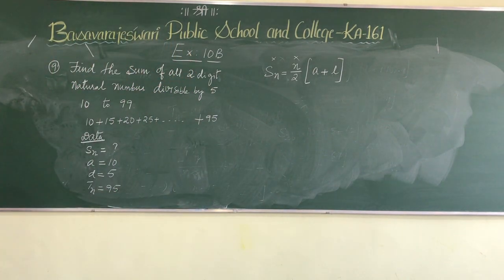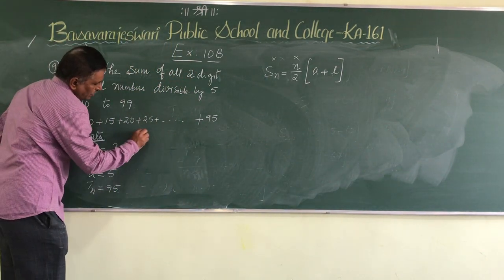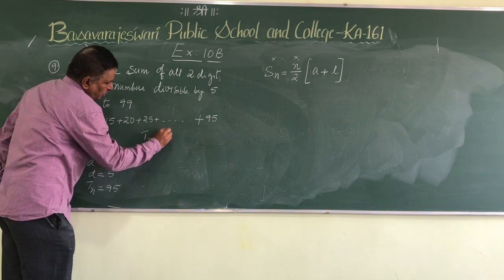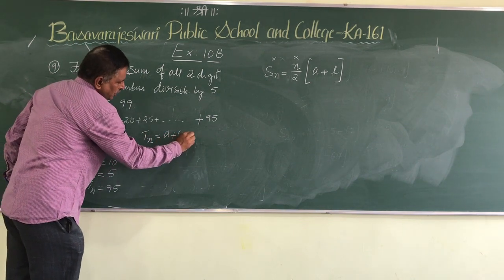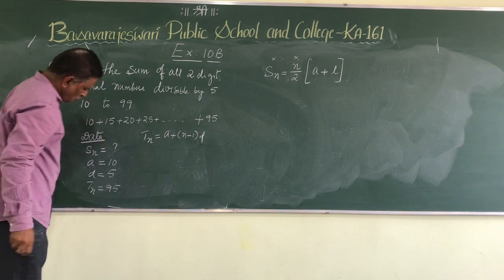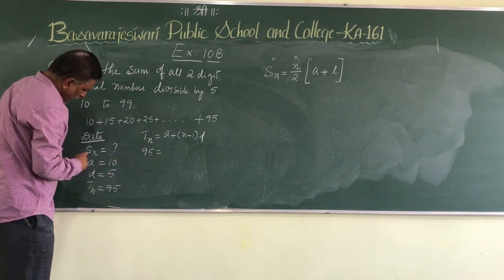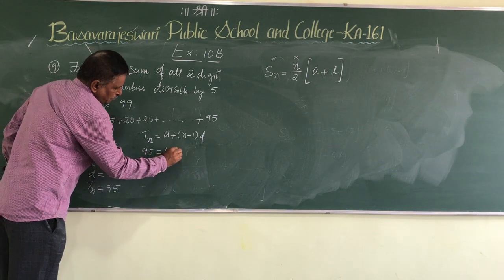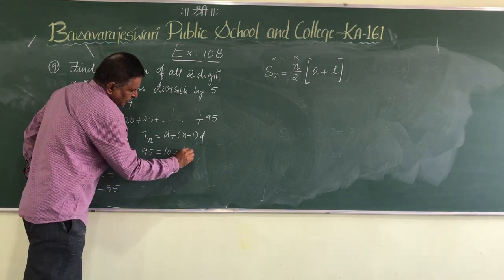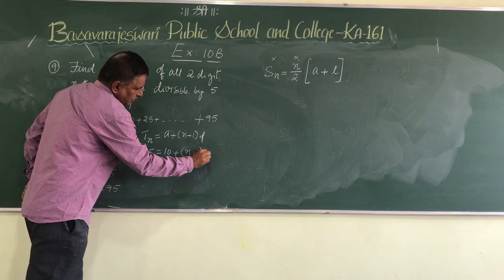So to find n, we use the formula Tn is equal to A plus (n minus 1) into D. What is Tn? 95 is equal to A, which is 10, plus (n minus 1) times D, which is 5.